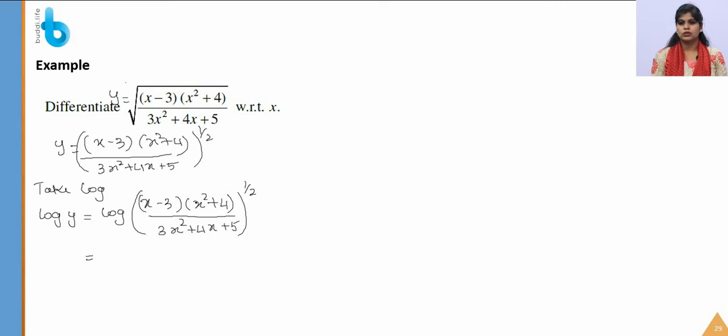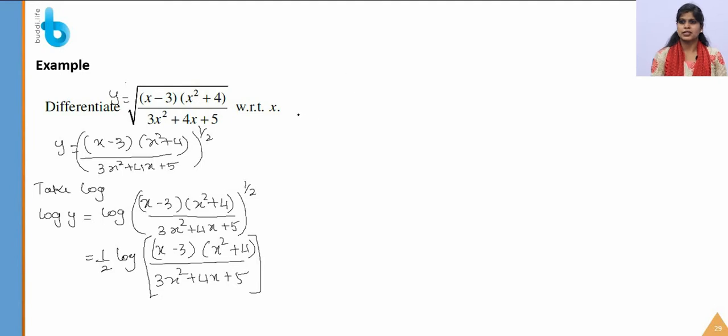According to the logarithmic rule, I can write this 1 by 2 before the log, that is, 1 by 2 log of (x minus 3)(x square plus 4) divided by (3x square plus 4x plus 5). Now this again I can write as 1 by 2.